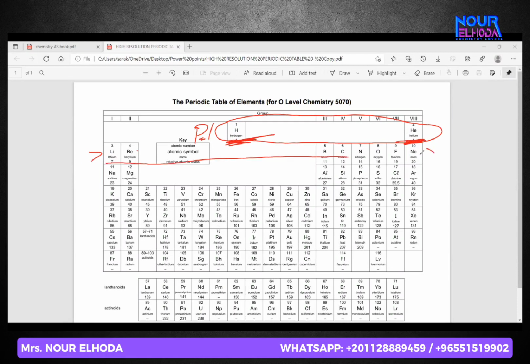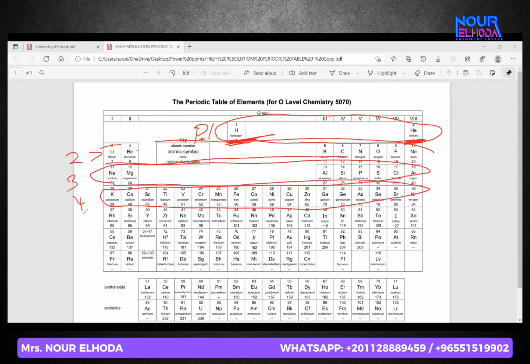And then from left to right, this one is period 2, then this. Periods refer to the line from left to right. Groups refer to the column, from top down. The period refers to the valence shell: I will say how many shells there are.